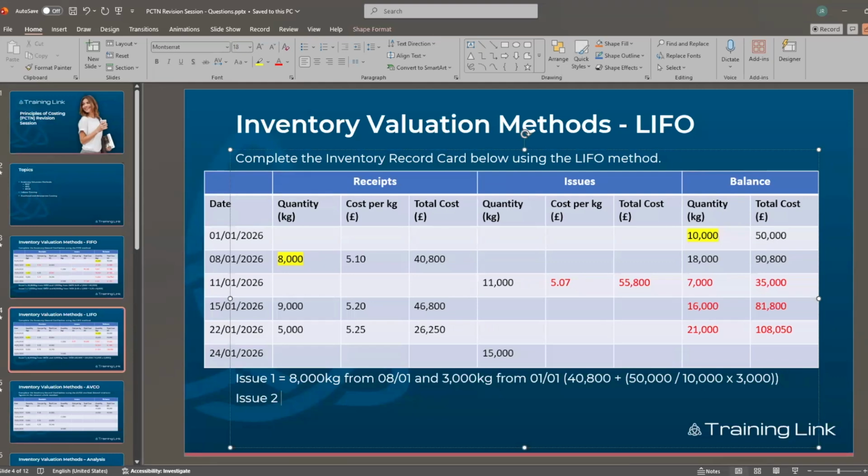Then we come to this final issue for 15,000. So issue 2 is going to be taking the full 5,000 from the 22nd. Remember, with LIFO, we're working our way up from the latest stock. So at this point, we're moving up to the 22nd there. We're going to take 9,000 kilograms from the 15th.